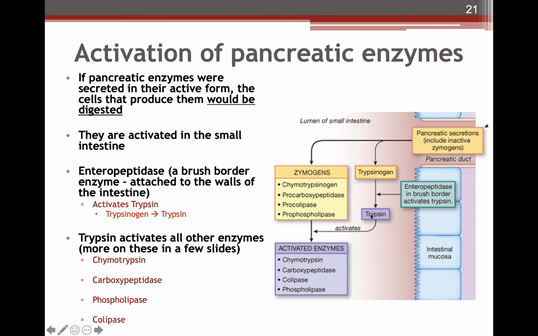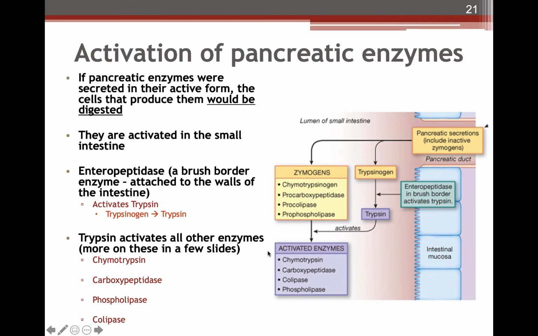And then once trypsin is activated, it will activate all the rest of these zymogens. It converts chymotrypsinogen into chymotrypsin. And then the rest of these all end in ACE. And so when a zymogen ends in ACE, its inactive form has a pro at the beginning. See?